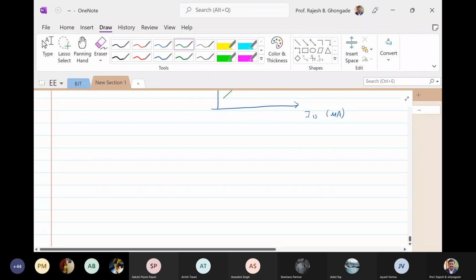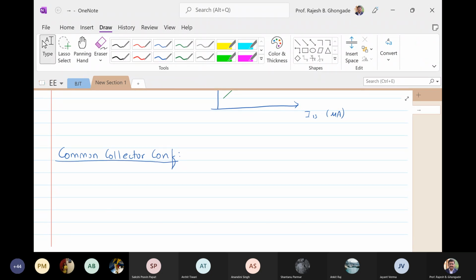Now let us go for the last configuration, and that is the common collector configuration. As the name suggests, your collector terminal will be common to both input as well as output. Let me pull the figure again from my Visio figures.